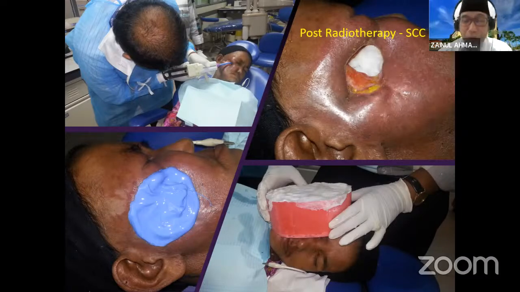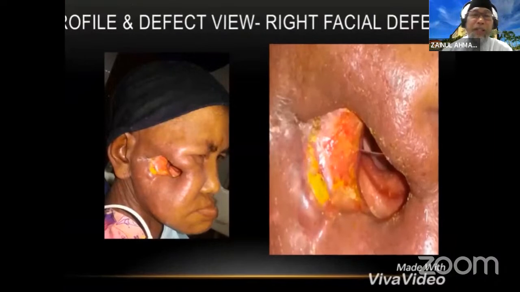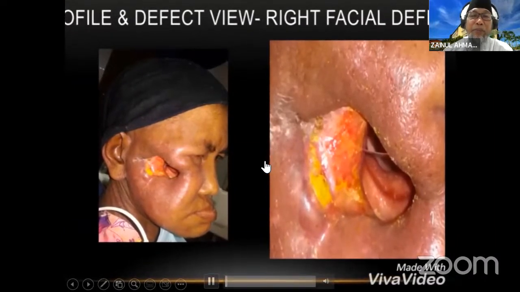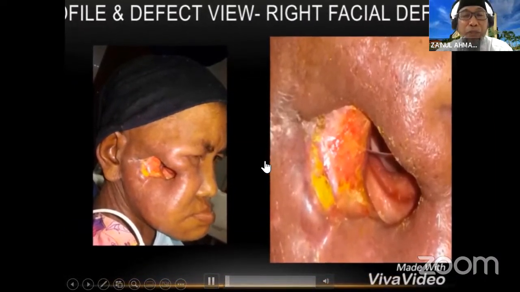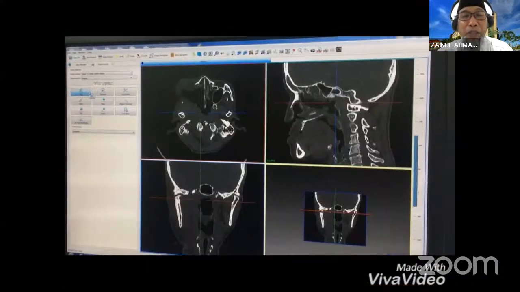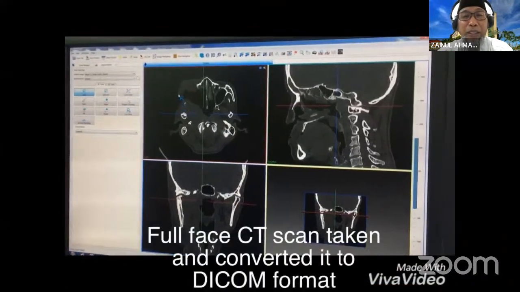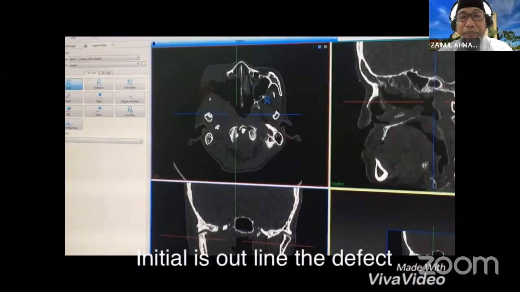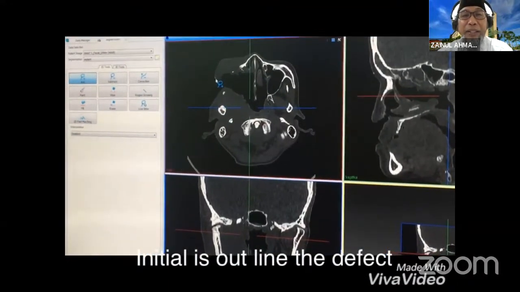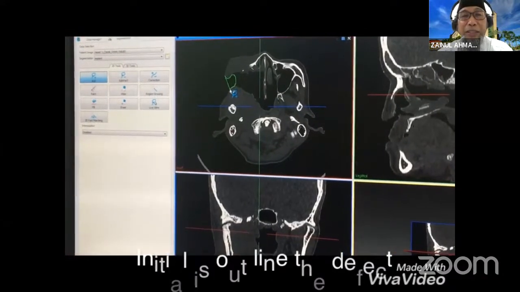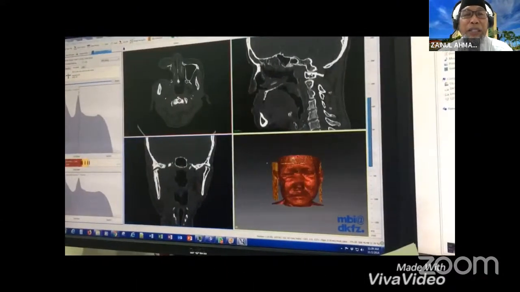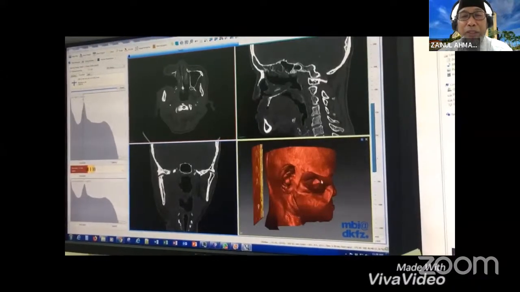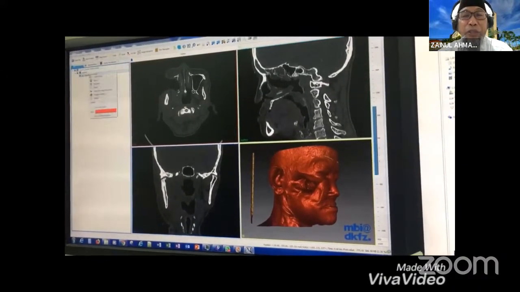However, with all the technology that we have, I'm trying to show you a video of how we reconstruct this using 3D printing technology. This is basically CT scan data, and from each slice we need to do some contouring of the area that we need to reconstruct.